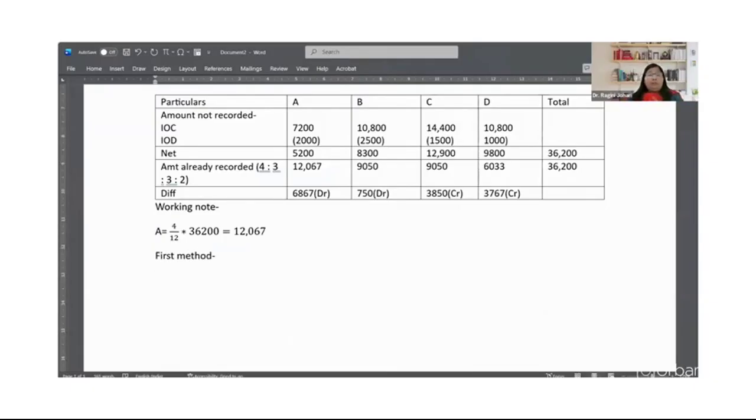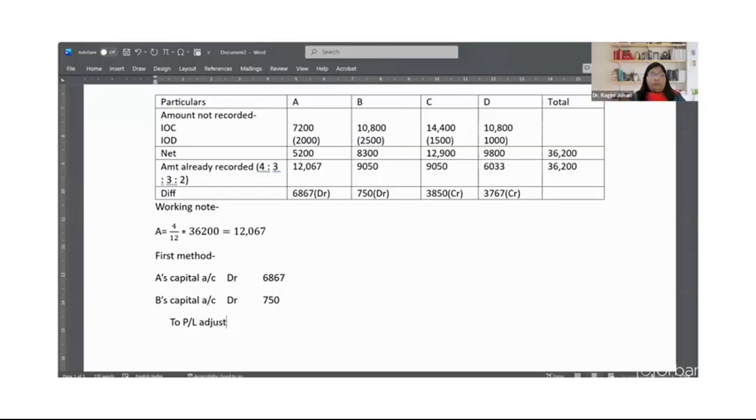Using the first method, we do A's capital account debited 6,867. Then B's capital account debited 750.